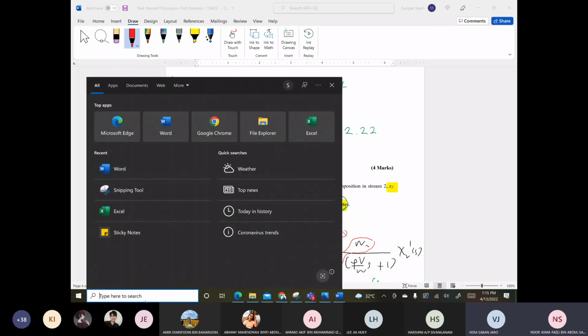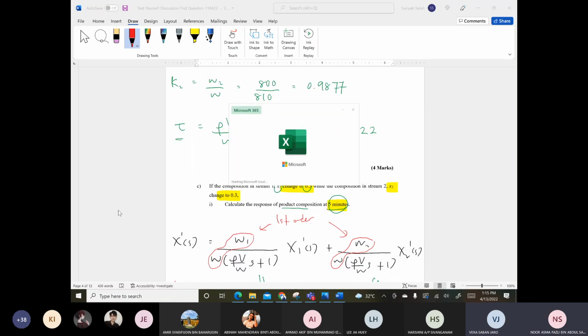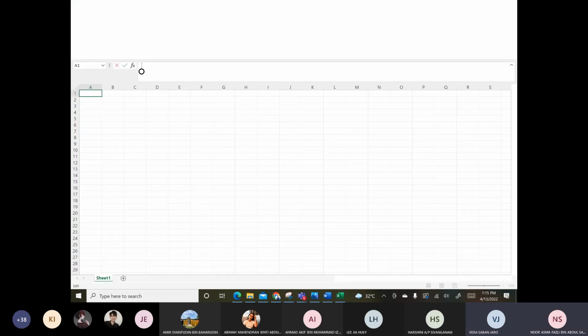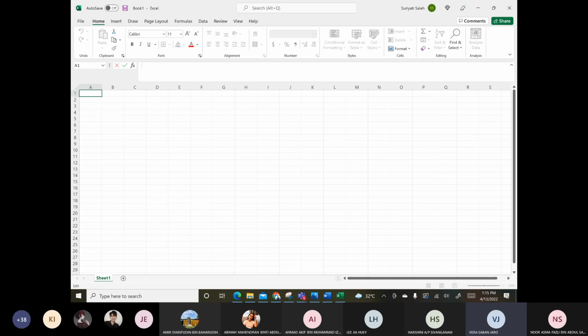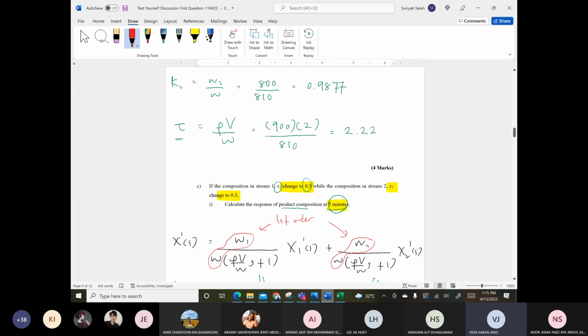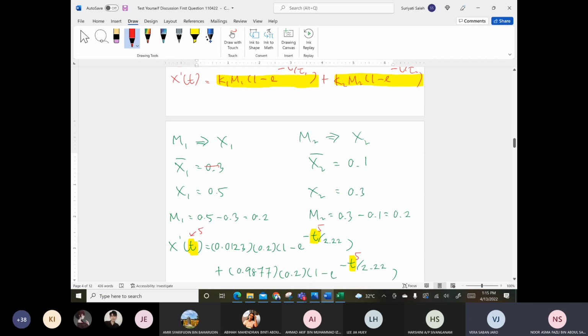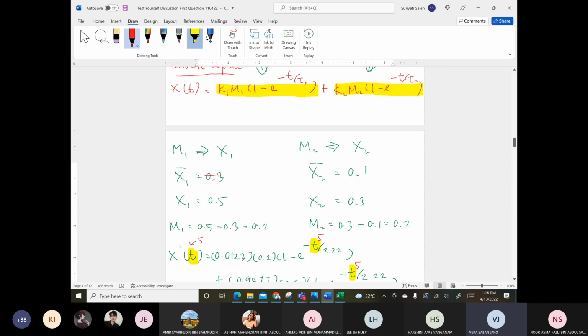Let's say in this case, Excel. So in this case, let's say I use some of the information before. For example, this one. So this is my K, this is the magnitude, and this is the tau.